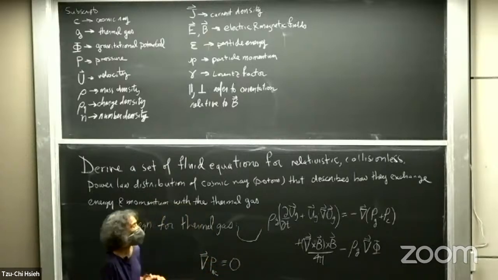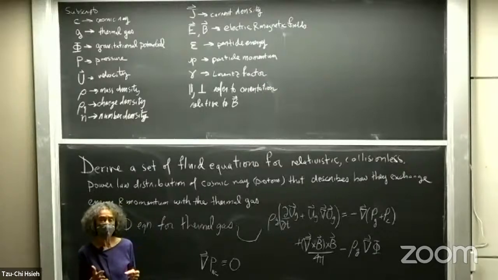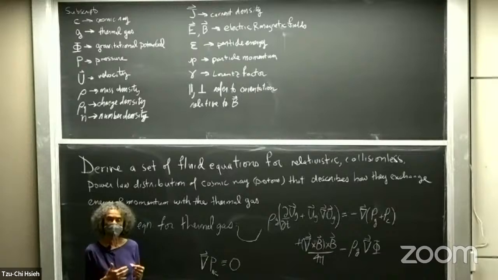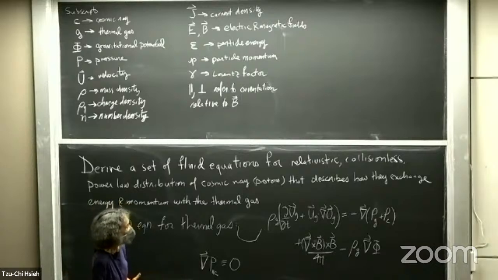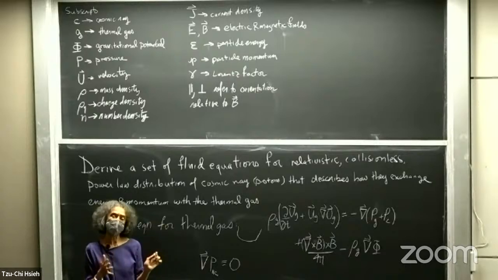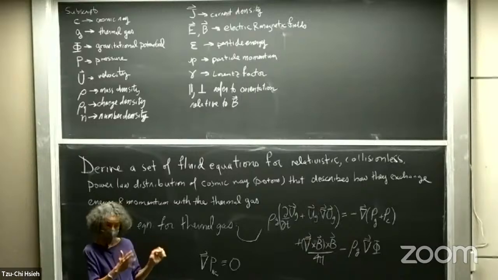So the idea is that the cosmic ray fluid has no inertia. So the only thing that can balance the Lorentz force is the pressure gradient. And since there's no Lorentz force parallel to the magnetic field, there can't be any pressure gradient along the magnetic field either. And so the implication of this is that cosmic ray pressure only acts on the thermal gas perpendicular to the mean magnetic field.